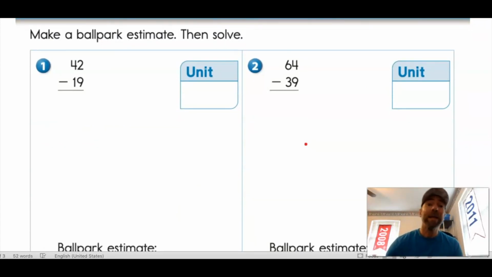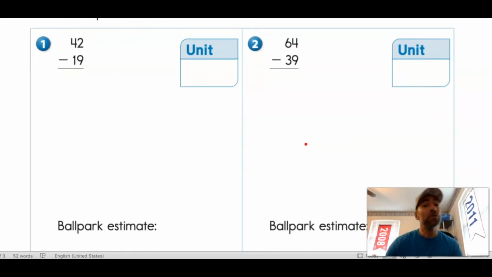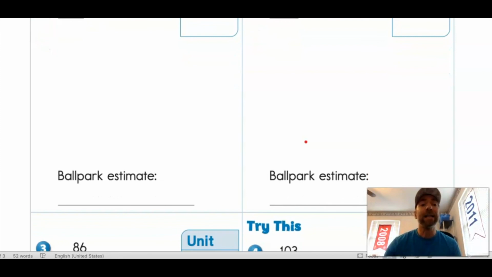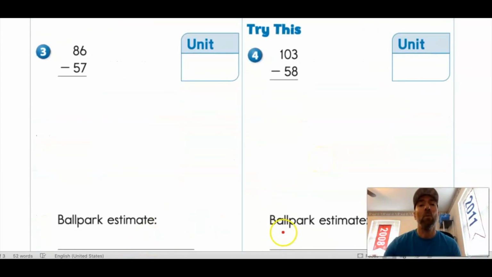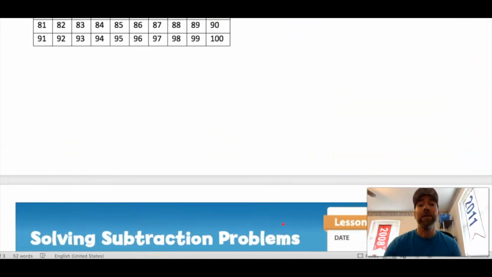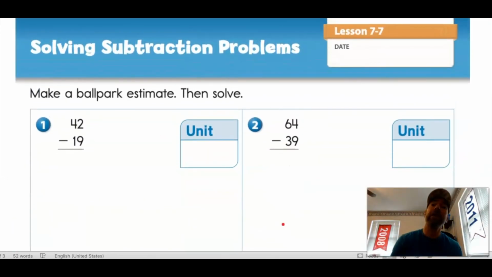When you try them out, you can use the open number line, you can use longs and cubes, or you can use a number grid. Don't forget to do a ballpark estimate also for each one. You can go ahead and do page 184 in your math journal, or you can do it right in Seesaw.